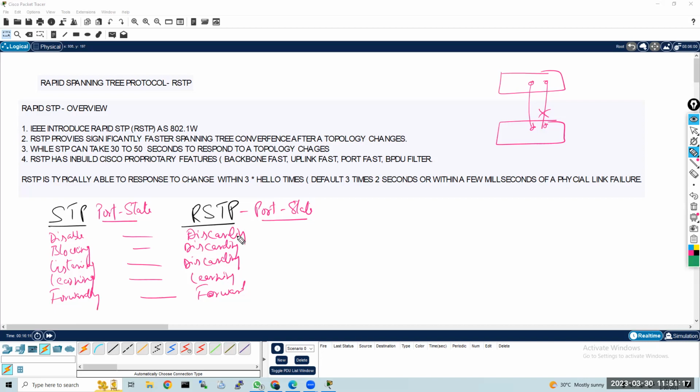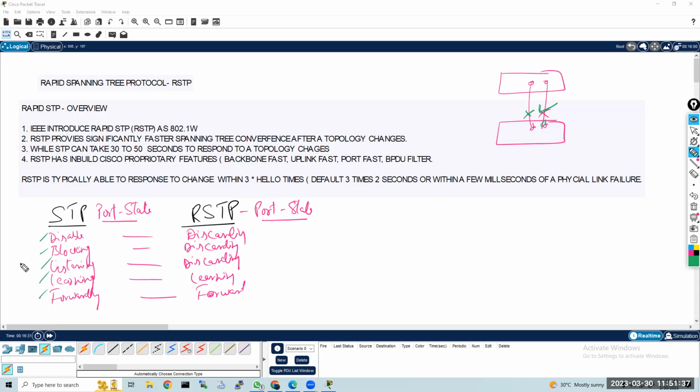In spanning tree, first it will disable the port. Suppose if this is down, this will come up, right? To bring up these ports in spanning tree, first it will be blocked, then listening, learning and forwarding.